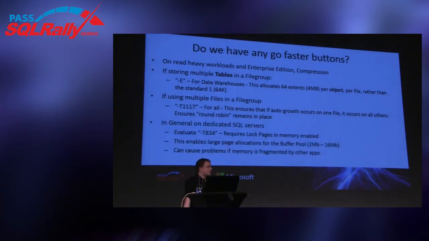And in general, if it's a dedicated SQL server, and the reason I say dedicated is, well, I'll get to it at the end, but 834. So it requires locked pages in memory enabled, but I think most SQL Server standard builds have that at the moment. And if they don't, it's very easy to apply. What it does is it enables large page allocations for the buffer pool.